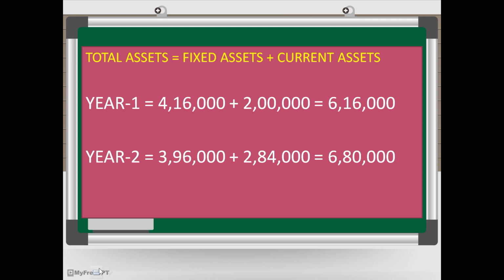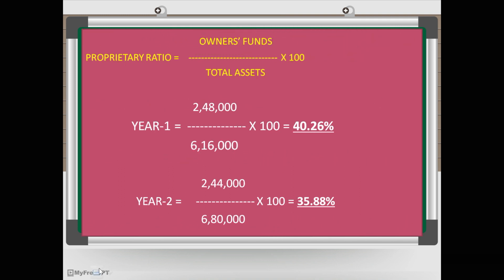Now let us put the formula. Proprietary ratio is equal to owner's funds divided by total assets into 100.